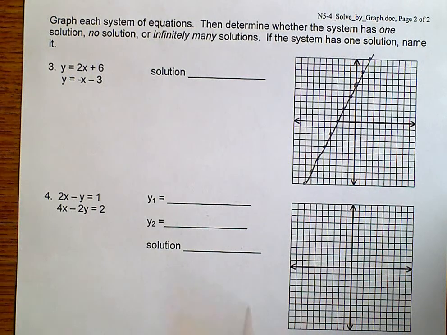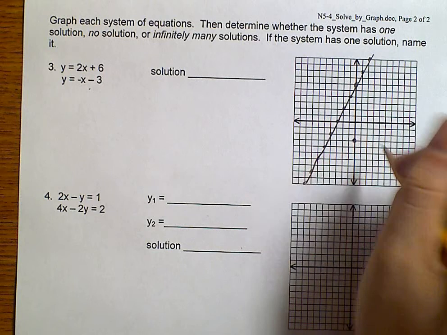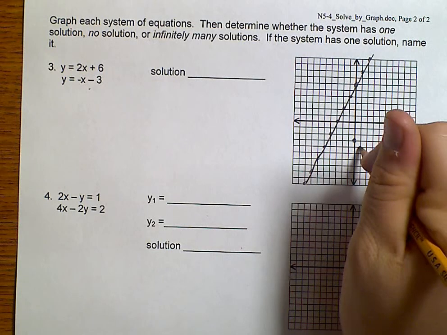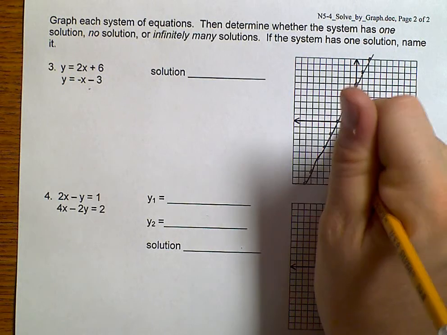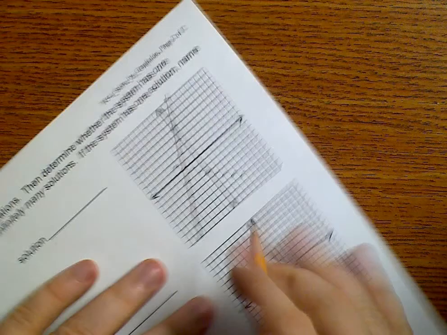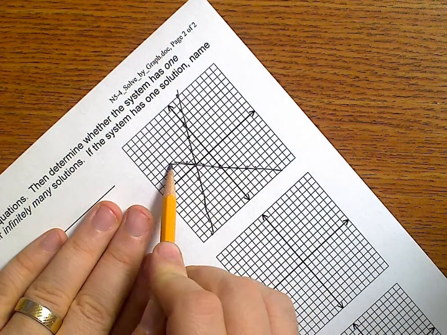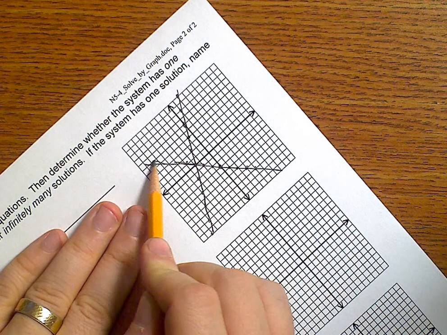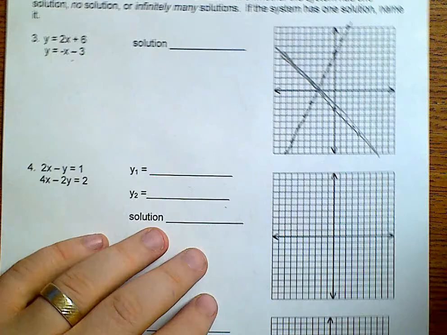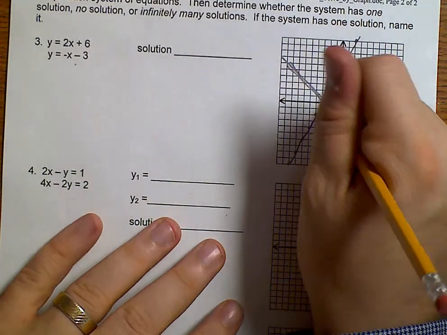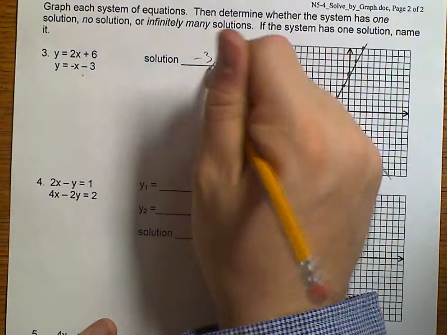And over here, I start at negative 3, and my slope is negative 1. And I look and I see that they cross right there, which is at negative 3, 0.